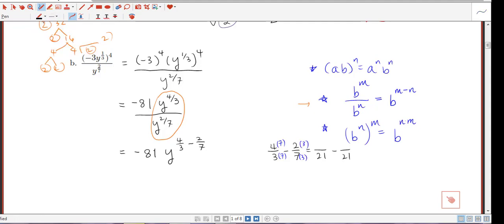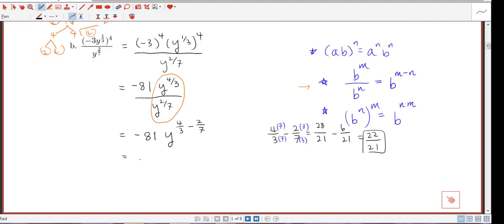So what we're going to get is 28 minus 6, which is going to give us 22 over 21. So this is going to become negative 81 y to the 22 over 21.